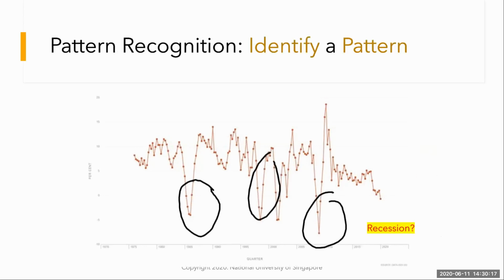Another type of problem is to recognize patterns. For example, this is GDP year-over-year change. You notice that there are some really terrible dips. The growth just drops over a few years in the 1980s, and then in the late 1990s, and then in 2008. Those dates may sound familiar to you, because they are the recession dates.